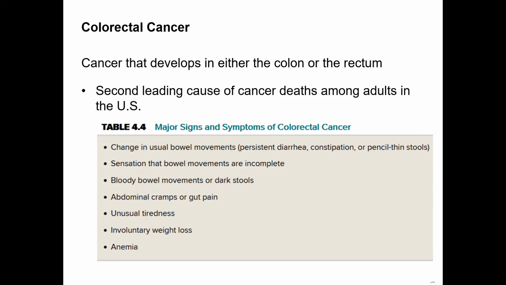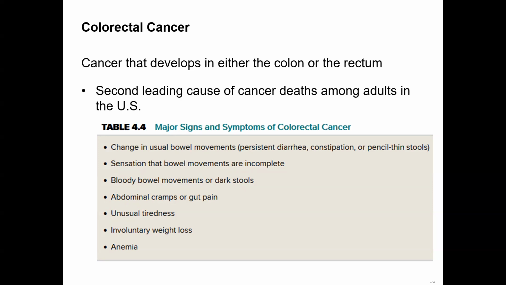Last couple things we look at. All of these have some serious implications, but one of the more serious, I guess, is cancers associated with the colon or the rectum, colorectal cancer. According to some later statistics, this is the second leading cause of cancer deaths among adults in the U.S. So that's very significant.